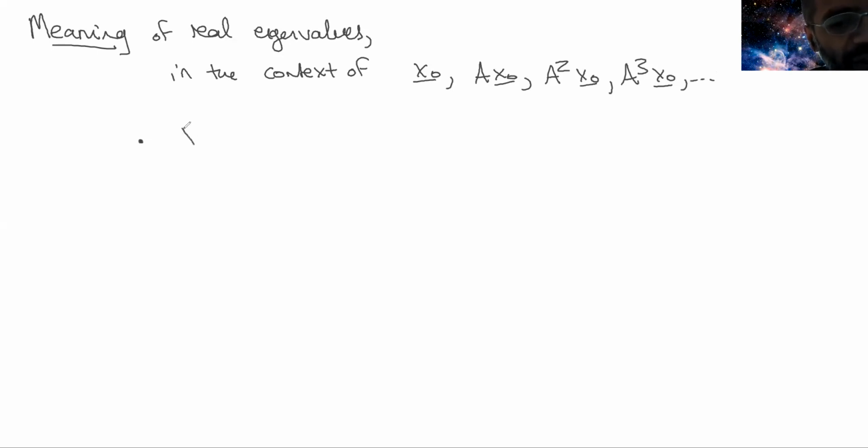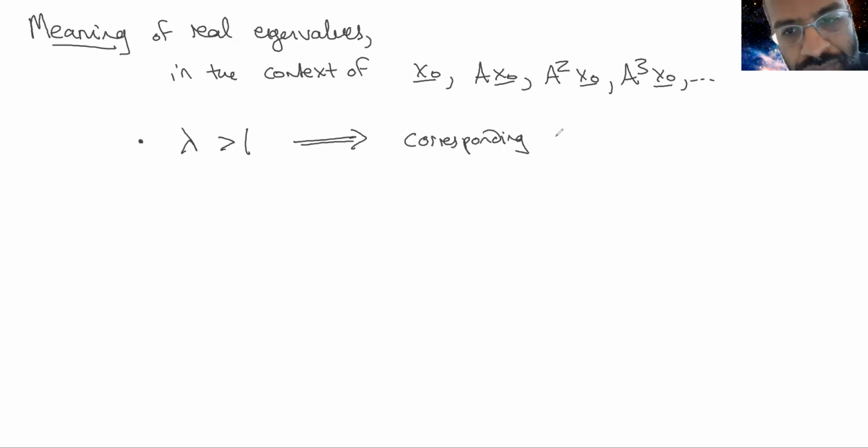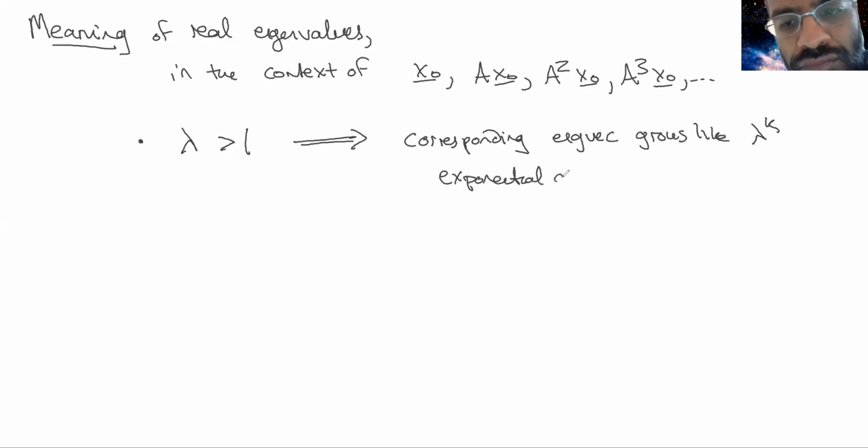Well, if you have an eigenvalue that's strictly bigger than 1, then after k iterations, this is going to be raised to the power k, right? So the corresponding eigenvector grows like lambda to the k, which is exponential growth in k.